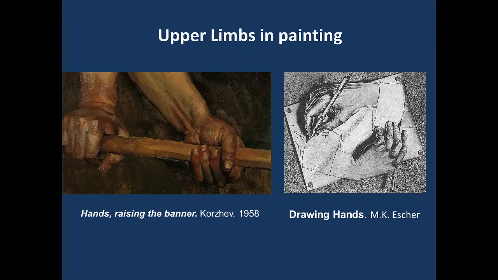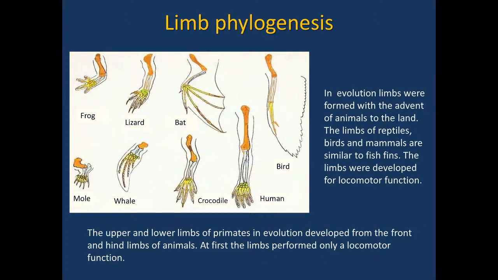These are other images of the upper limb painted by new or modern artists that show the arms in the working process.